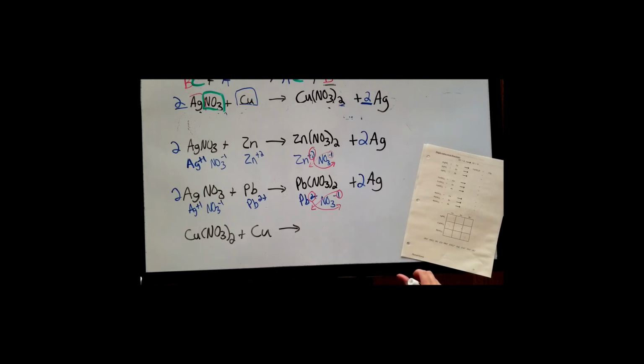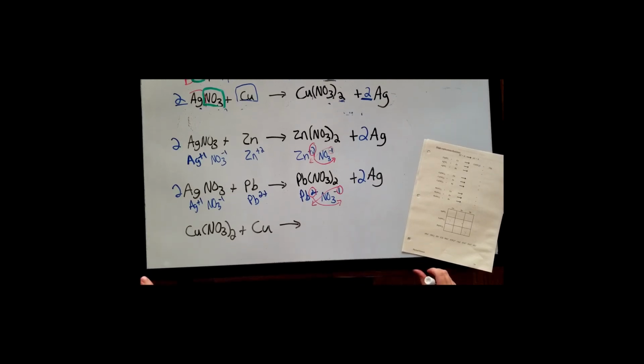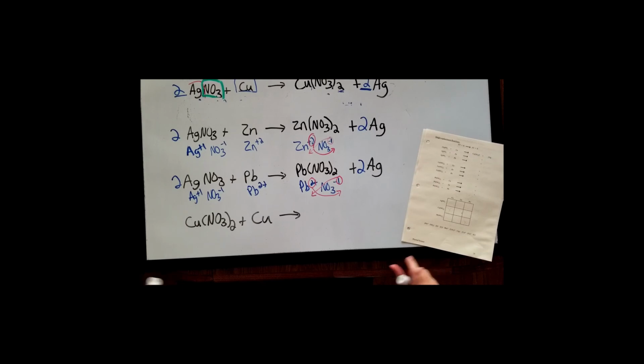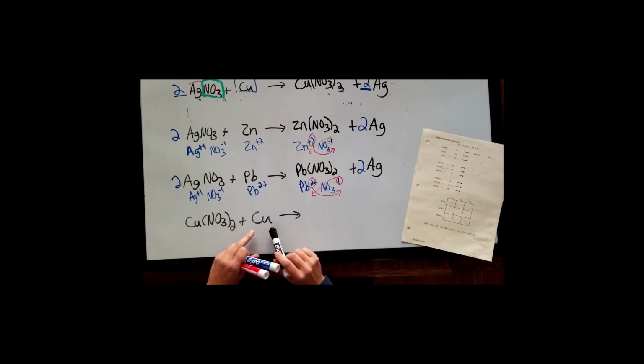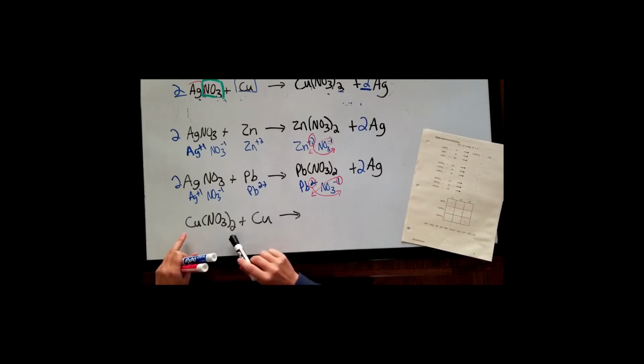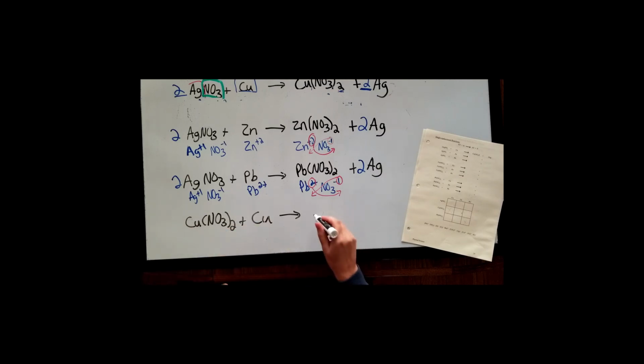All right, and I did want to point out, looking at this next example here, we have copper 2 nitrate reacting with copper. Okay, so notice, single replacement reaction, we're taking the same cation and switching it. What I mean by that is the reactant side is going to be exactly the same as the product side.